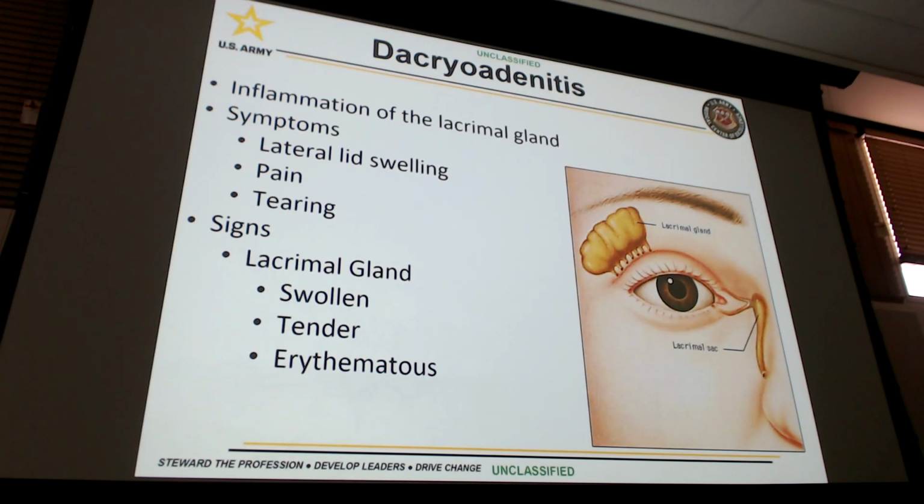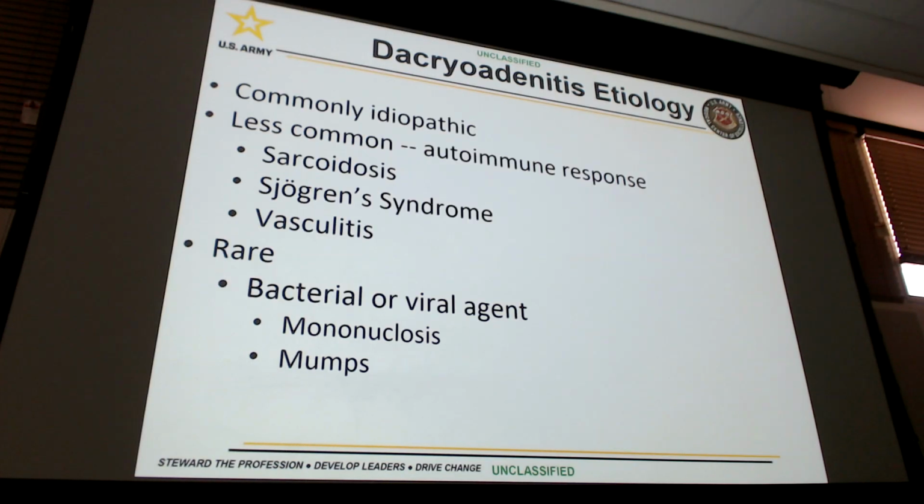All right, so a lot of times these patients are going to have pain and swelling in the area that's being injured, okay? So if there's superior temporal swelling, we're thinking dacryoadenitis. Okay, a lot of times this is idiopathic, okay, but it can be from bacteria.